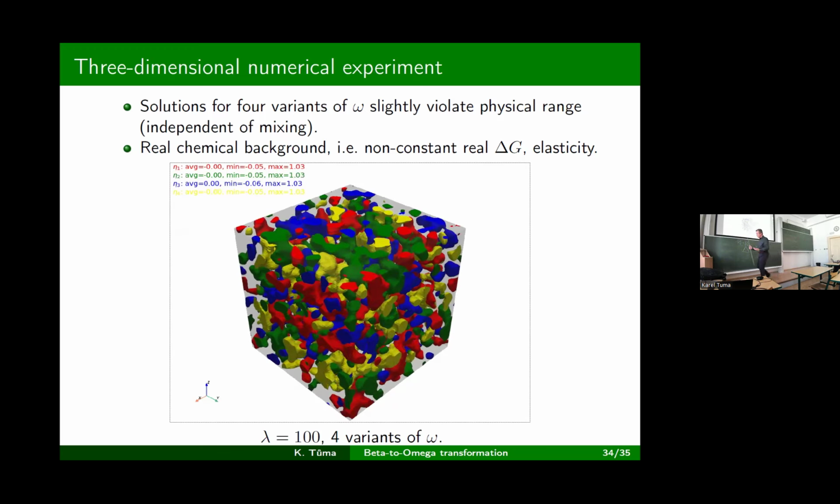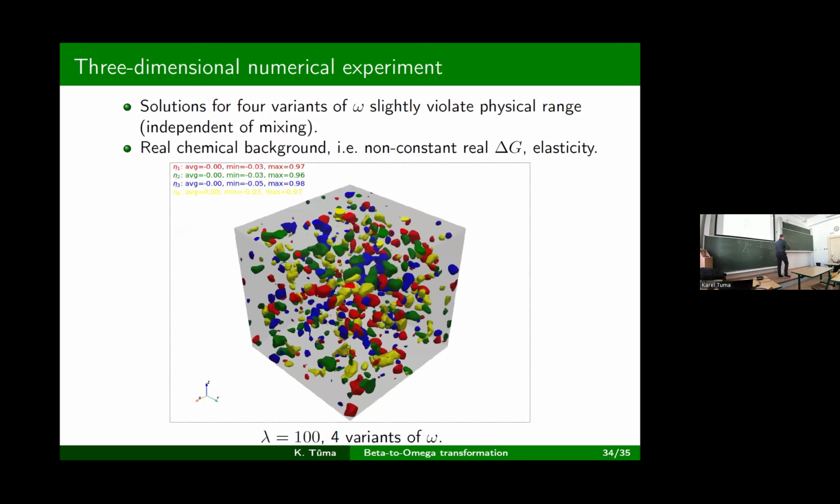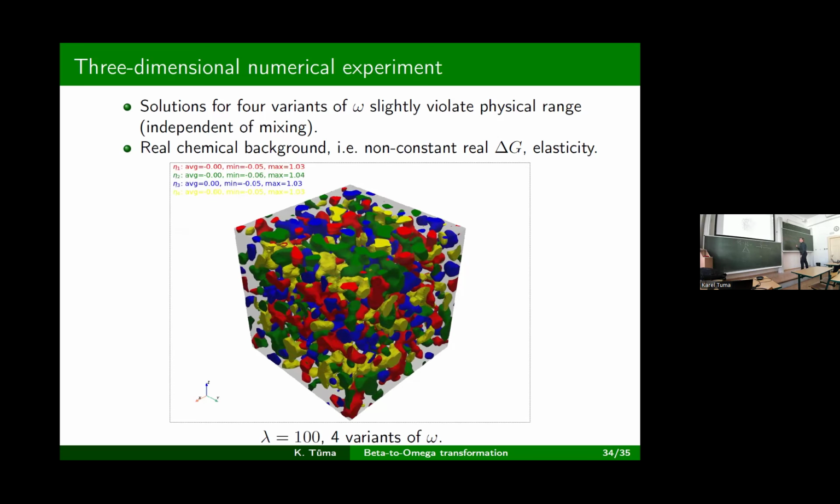In titanium alloys, there are not just atoms of titanium, but also some extra atoms. There are atoms of molybdenum, and the molybdenum atoms decide how much the beta phase or omega phase is preferable, changing the delta G. They are somehow distributed in the space, making the distribution of the delta G non-constant.